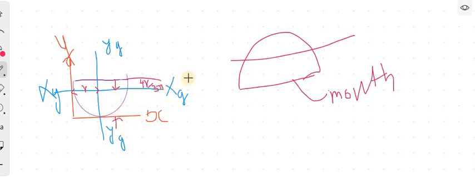And the whole distance is how much? R. Can you tell me now what this distance will be? R minus 4r by 3 pi. So with respect to the reference axis, definitely the formula changes. How it changes, we need to know. That's what this session is about.